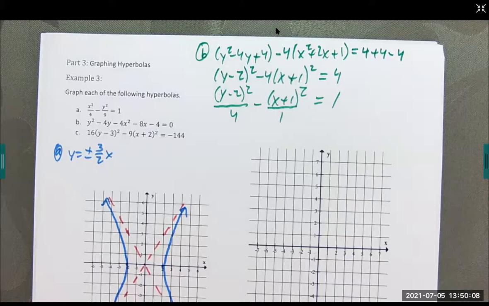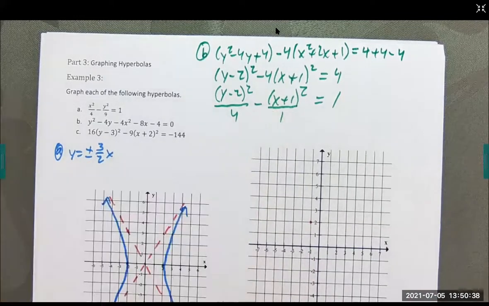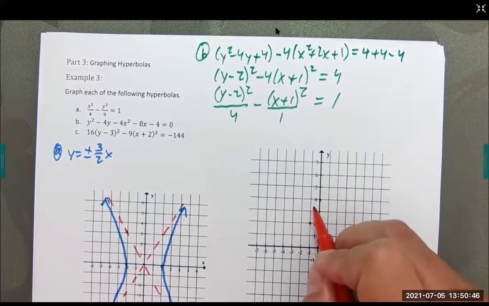All right, so it looks like our slopes in this case are going to be, this is going to be up and down, meaning we have a vertical transverse axis. And we are at the point, let's write this center in. So in opposite sign, -1, +2. So there's our center. Now our slope is going to be up 2 and over 1, and up 2 and back 1.